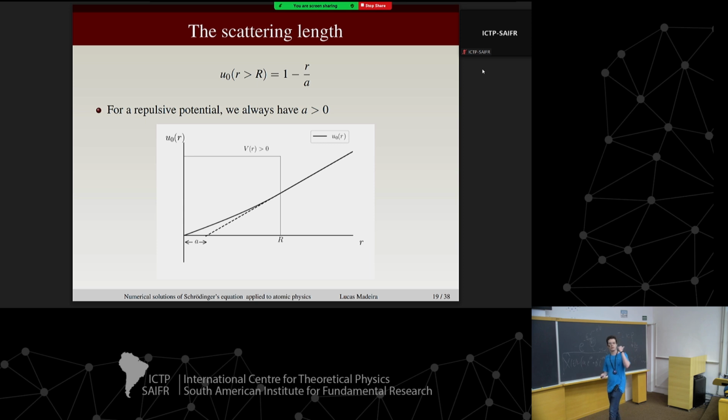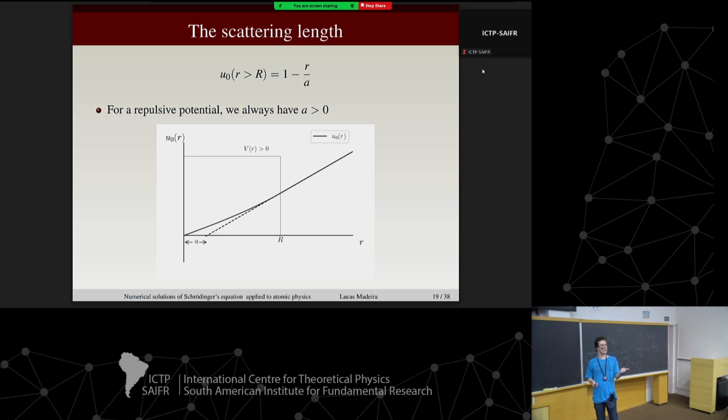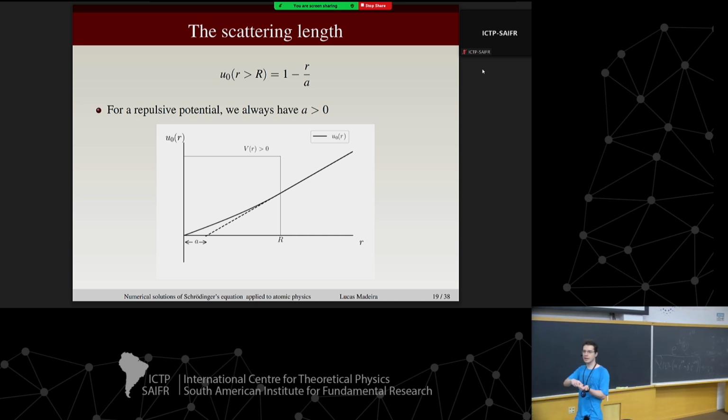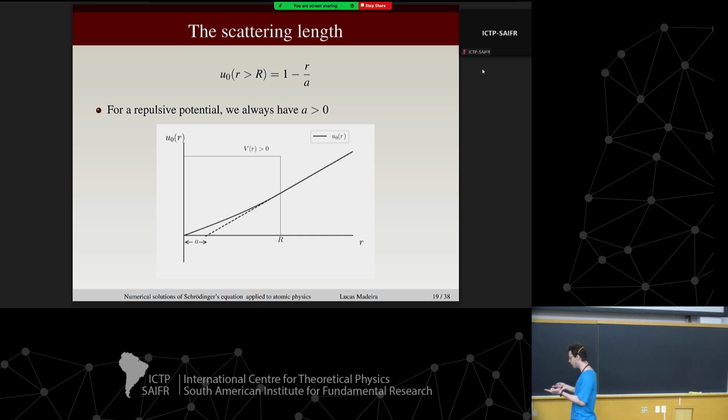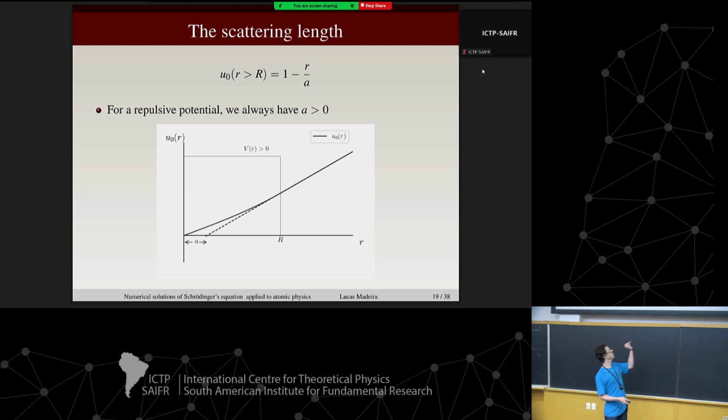So, just to recall, negative scattering lengths, no bound states. Positive scattering lengths, if it's attractive, bound state. If it's repulsive, always positive, okay?